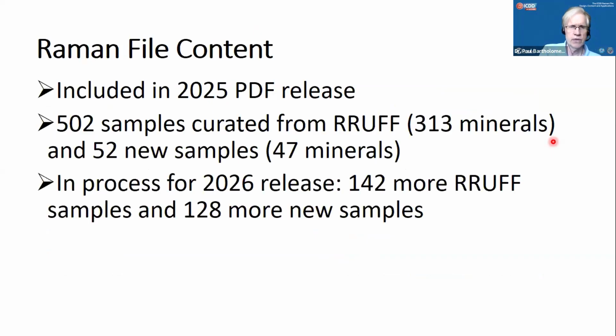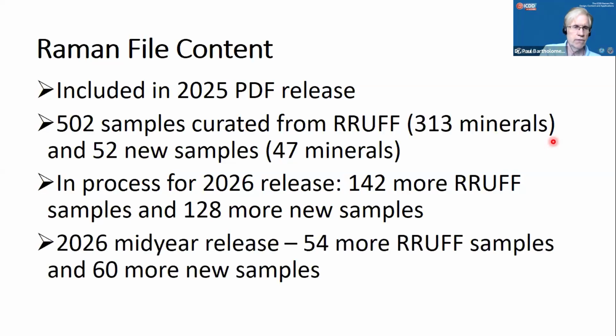In process for the 2026 release this fall: 142 more rough samples, and 128 more samples that I collected Raman spectra on myself. And in process for the first of many future mid-year releases: 54 more rough samples and 60 more new samples from my work.